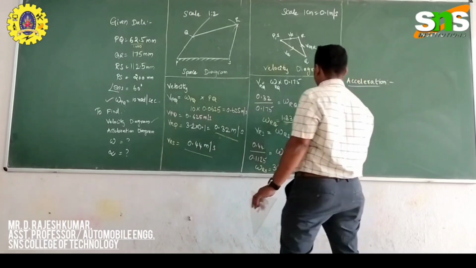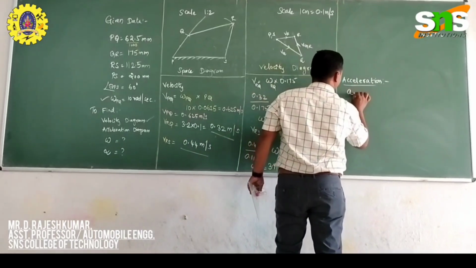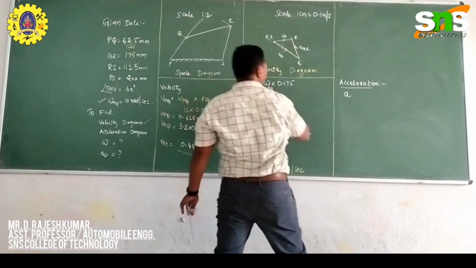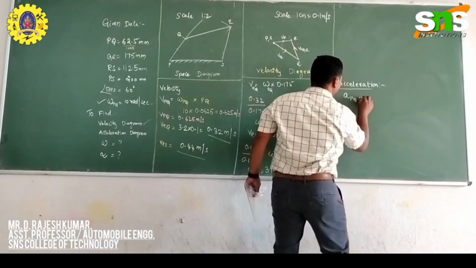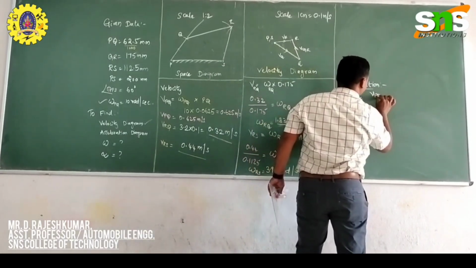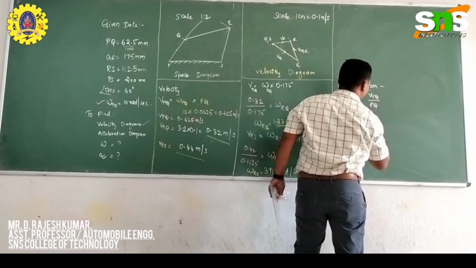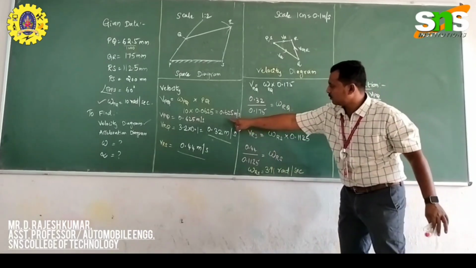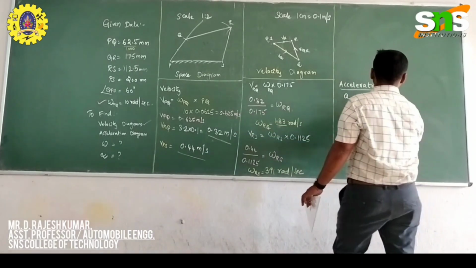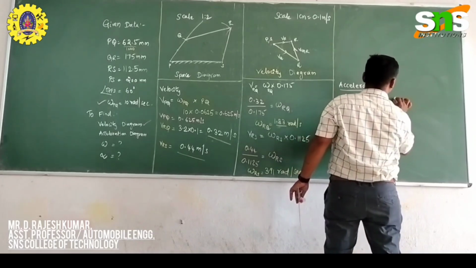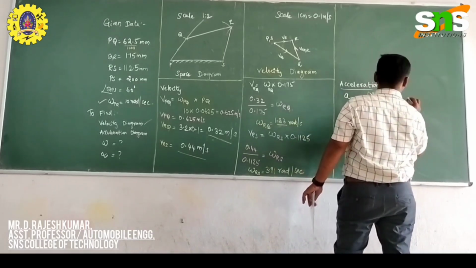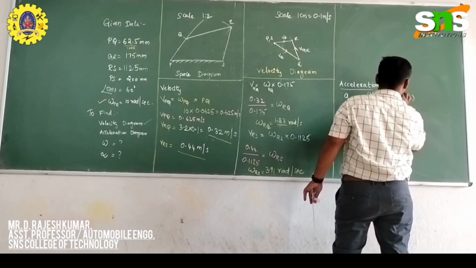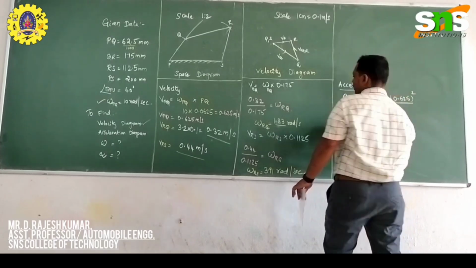The acceleration formula is: acceleration of the link PQ will be velocity of the link PQ divided by length of the link PQ. So we already know the velocity of the link PQ is 0.625 meters per second, the whole square, divided by length of the link PQ.